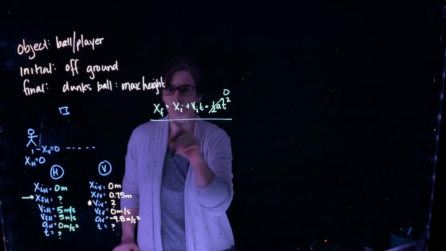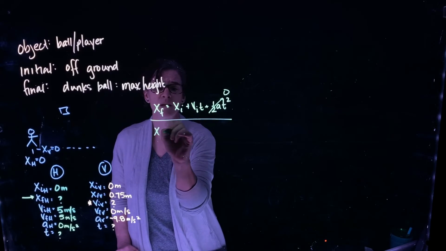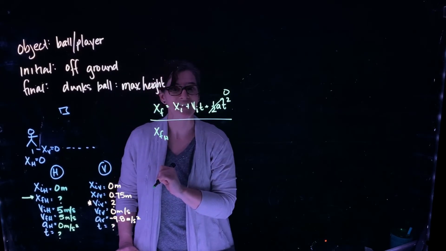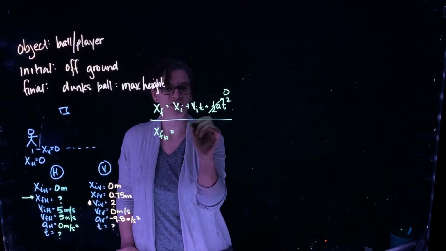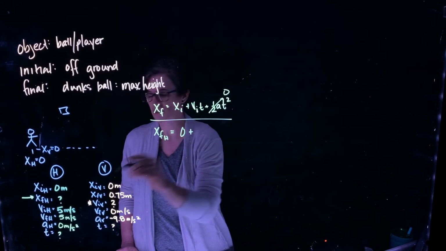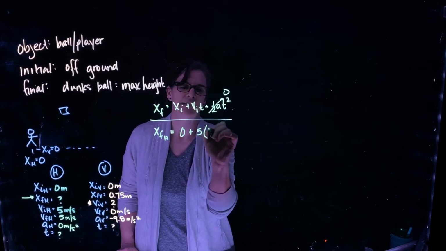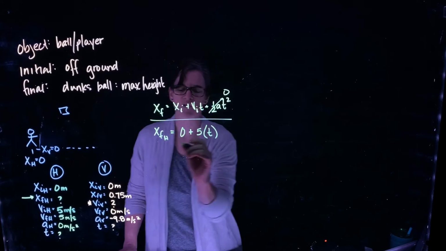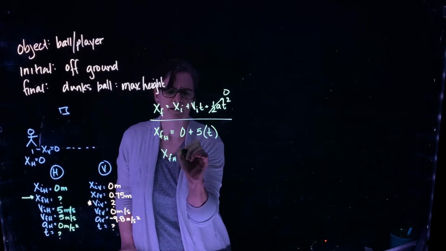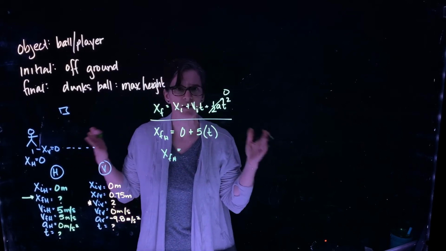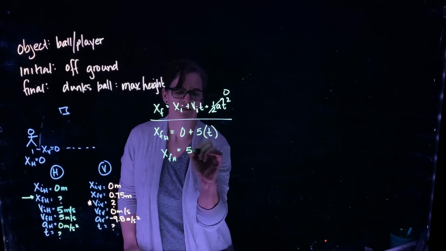So, x final, we don't know. We're going to keep it the variable that it is in the list. X initial is 0, plus our initial velocity is 5. I don't know the time. So if I simplify this, the final position, which is how far away I am from the basket, is 5t.